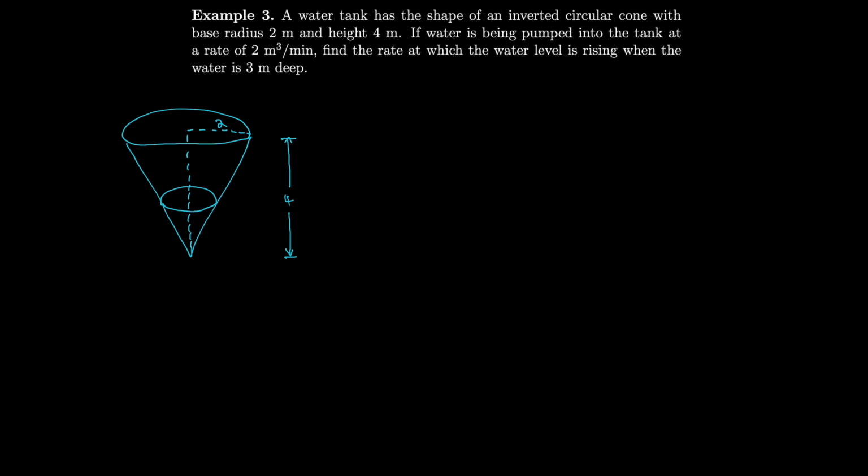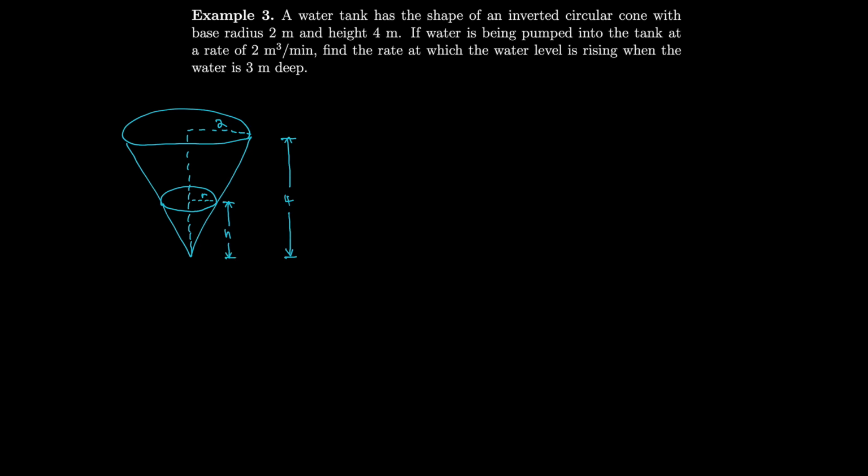So I probably want to be able to look at the radius of the water inside the tank. And I'm going to need to know when the water is 3 meters deep, but that's changing, so I should leave that as h to start with, and then plug in the 3 later after I take a derivative.